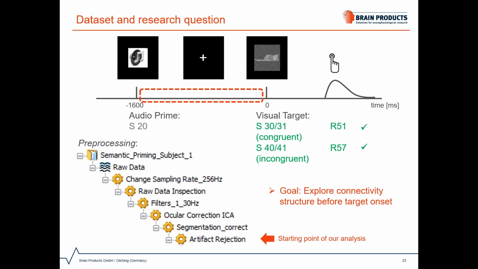The dataset we will work on is already pre-processed, and our goal is to explore the connectivity structure in the time interval preceding the visual target. Since we are not interested in the primary priming effect, the N400, we can take all available trials that are completed correctly.